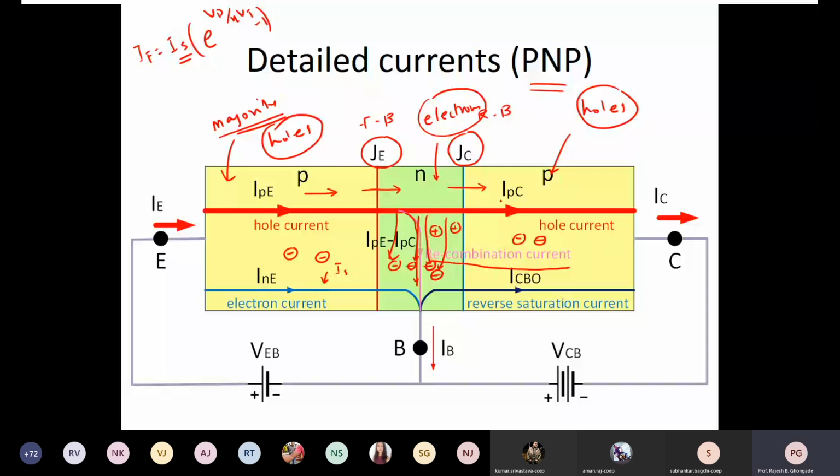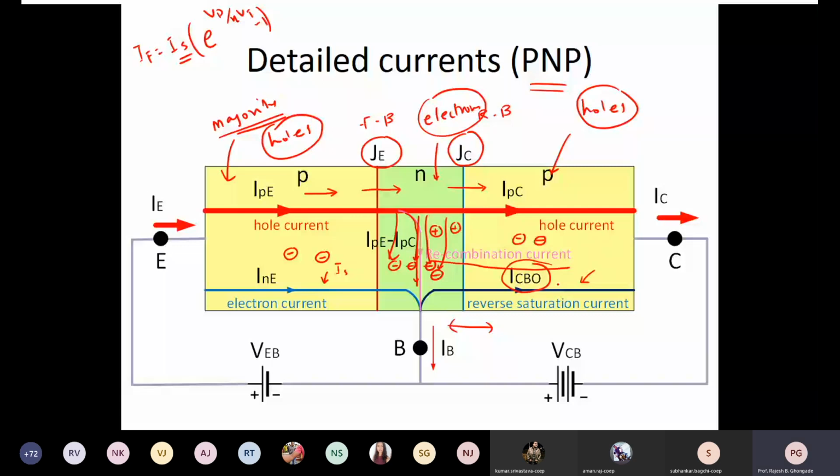But at the same time, let us not forget this. This is the reverse bias, and we know that some reverse current will flow when there is a reverse bias between these two, isn't it? And that reverse current is called ICBO, a very, very important quantity. It is called the reverse saturation current. Why ICB and why this O?